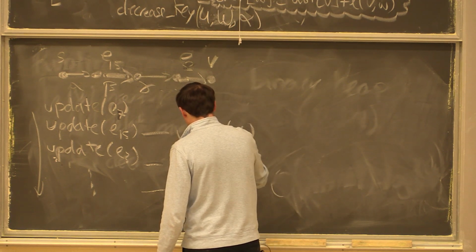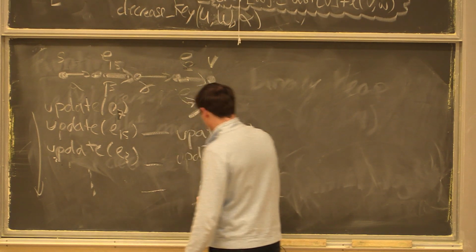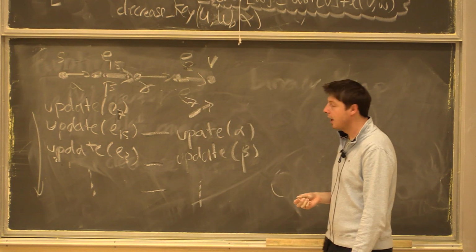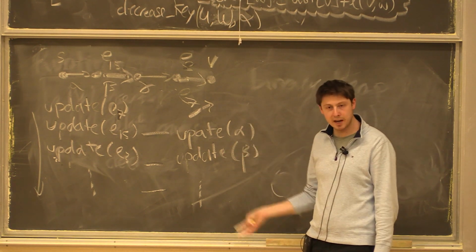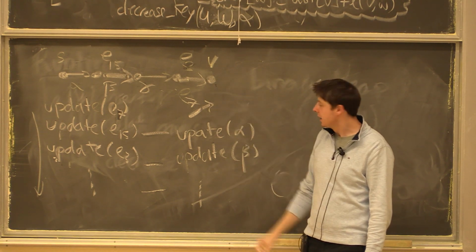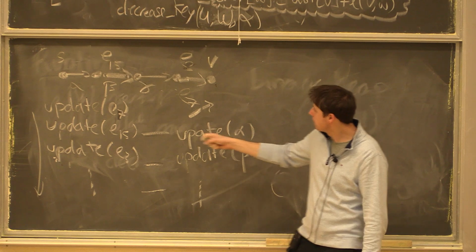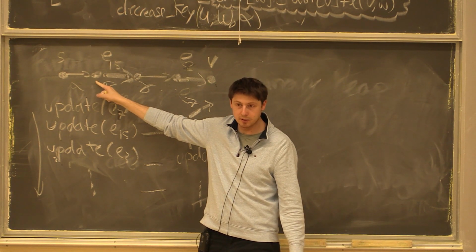Then update beta, and so on and so forth. I claim that by the time you go through all of these updates, you will have the correct answer on V. Why? Because update alpha will make sure that this guy has the correct answer, okay?